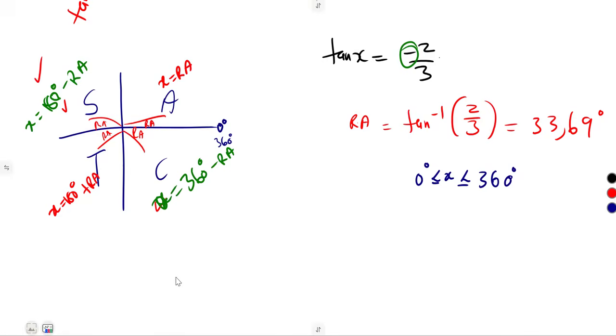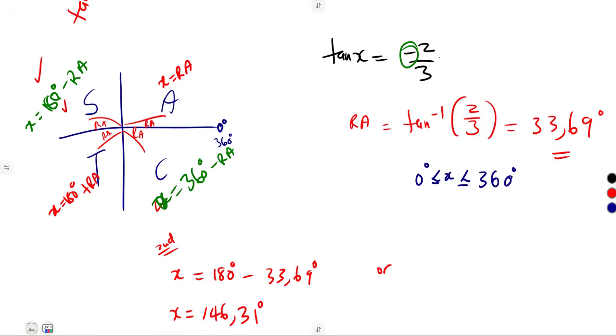So in our case, this is what we need, all right? So the first solution representing x from the second quadrant is going to be 180 degrees minus our reference angle. This is our reference angle, which is 33.69. So that was going to give us 146.31 degrees.